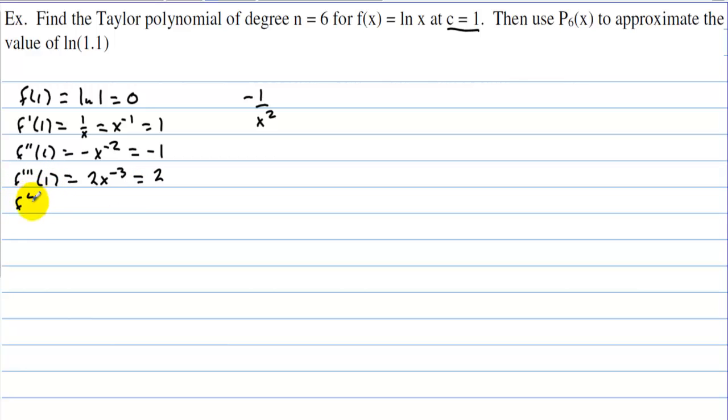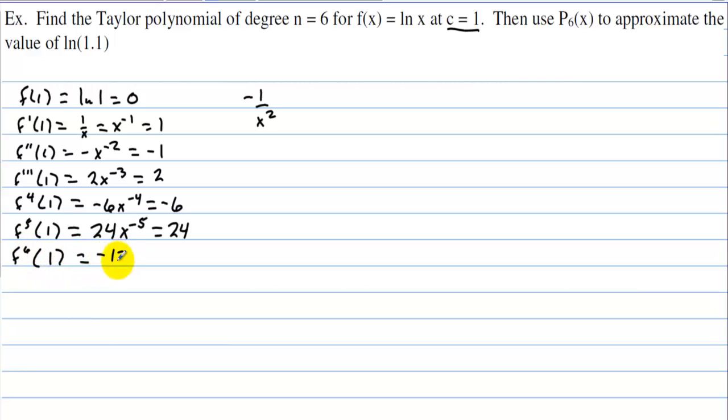So the fourth derivative is negative 6x to the negative 4. Again, the denominator will be 1, and we get negative 6. The fifth derivative is equal to 24x to the negative 5. The denominator will be 1, and we get 24. The sixth derivative is equal to negative 120x to the negative 6th.